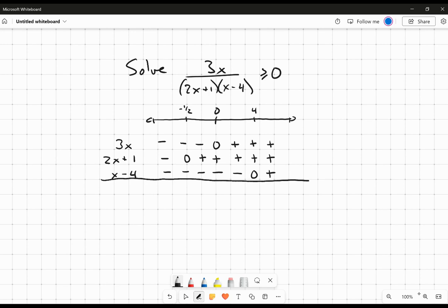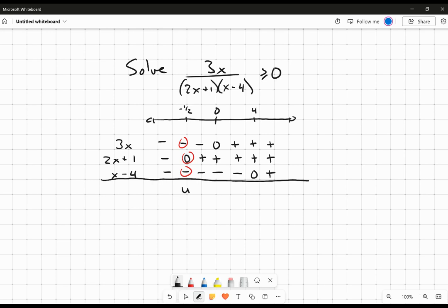Now we're going to put their behavior together. At the specific values that we're given, so at negative 1 half, let's just drop down that one first. At negative 1 half, I have got a negative, a 0, and a negative. And what that is, it's a negative divided by 0 times a negative. Well, 0 times anything is going to be 0. So that means I'm going to have a division by 0 in the denominator.